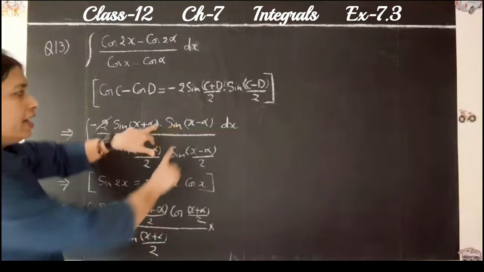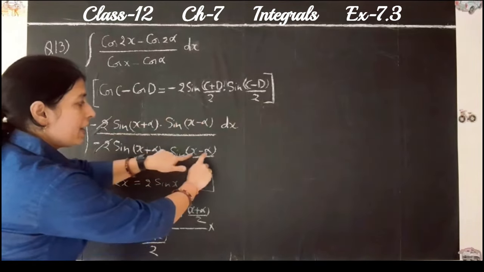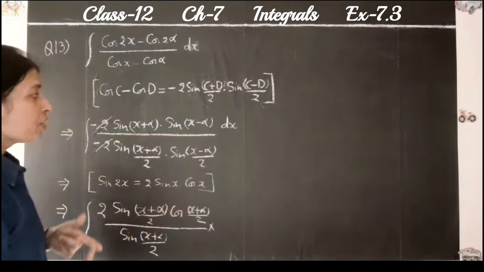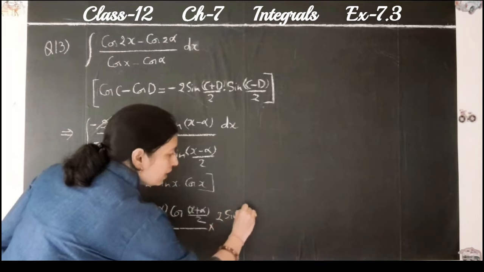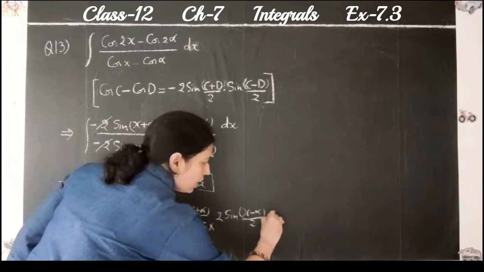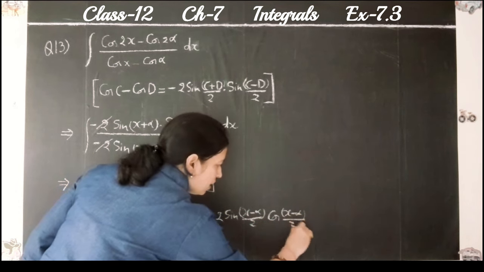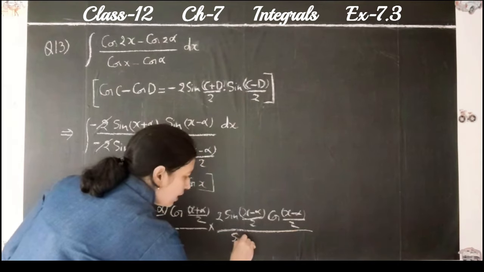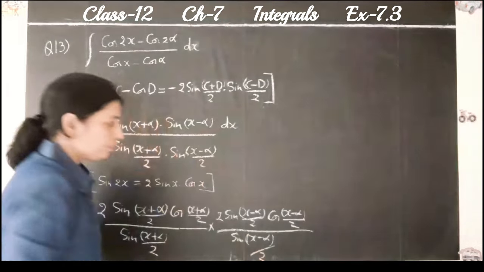And see here, it is given sine (x minus alpha) and here sine (x minus alpha) by 2. So we again use this identity. So we can write 2 sine (x minus alpha) divided by 2 into cos (x minus alpha) divided by 2. And this is divided by sine (x minus alpha) by 2.